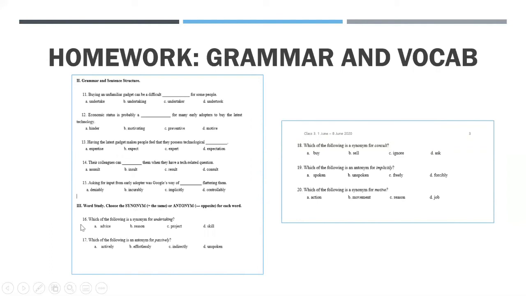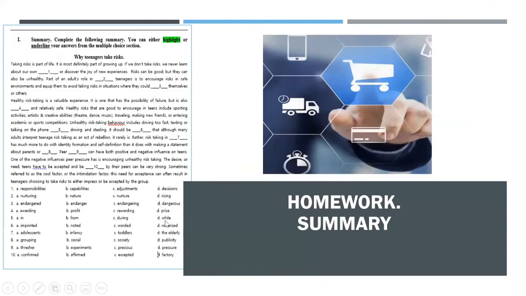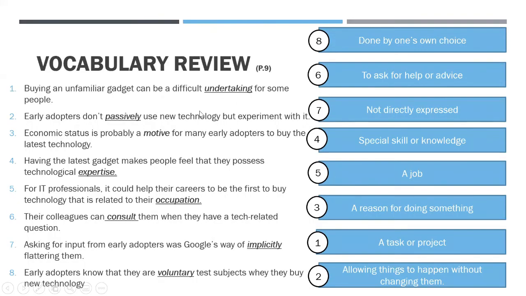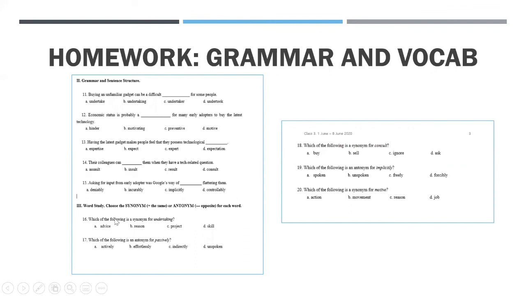So number 16, because I like you guys. Which of the following is a synonym for undertaking? Synonym means the same. Undertaking, we already said, is a task or project. So number 16 is C, either highlight or underline.